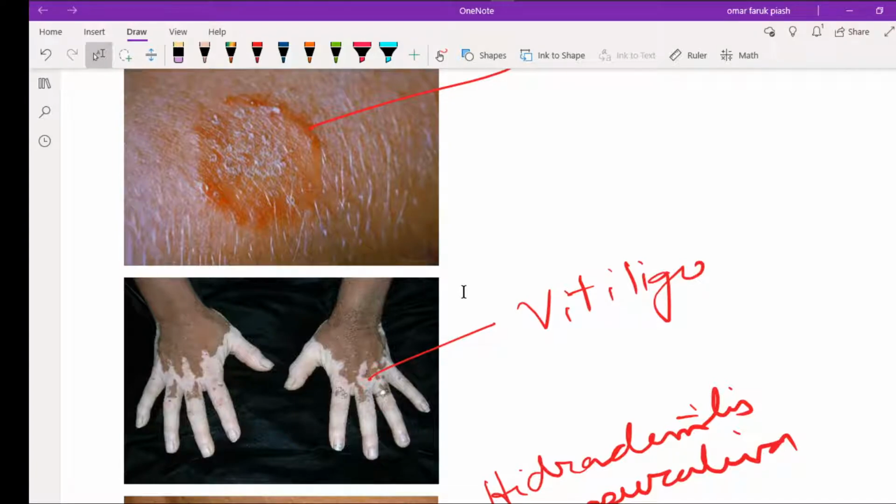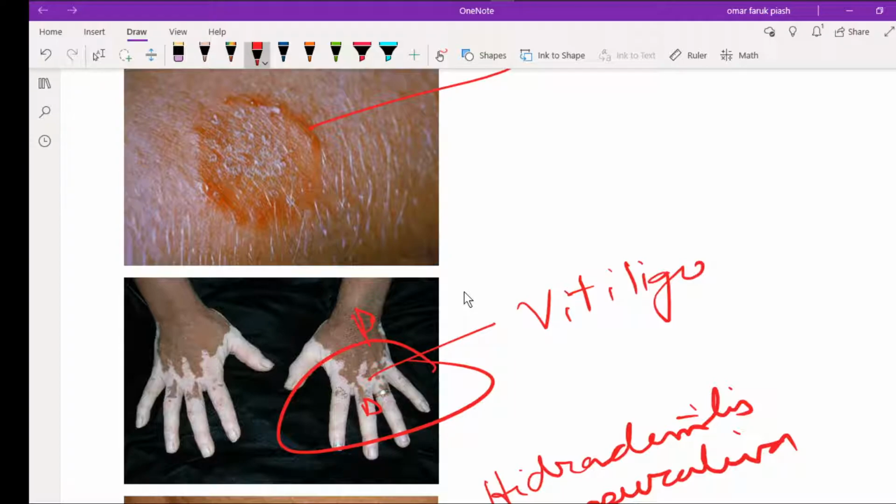Vitiligo is a localized loss of skin pigmentation. This is pigmented area, and this is depigmentation.